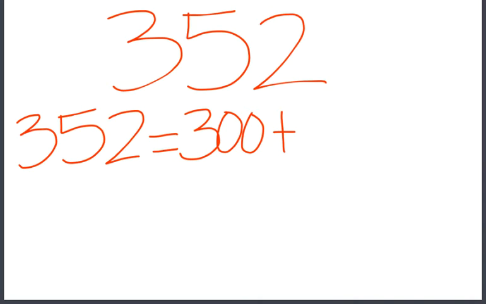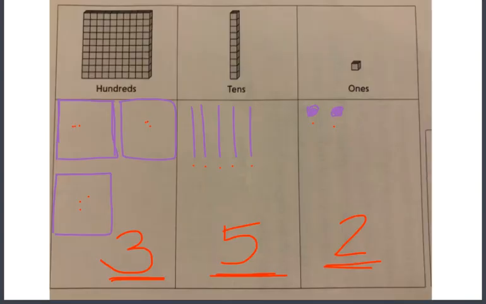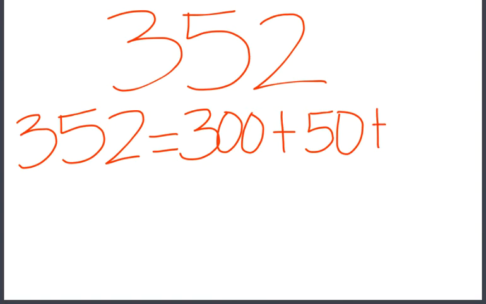The value of the 5 in the tens place? 50. And a 2 in the ones place? The value of the 2 in the ones place is 2. 352 equals 300 plus 50 plus 2. A representation like this, where we show the value of each digit, is called the expanded form of a number.